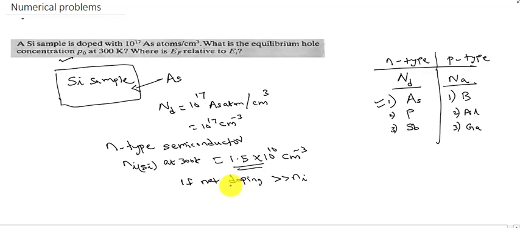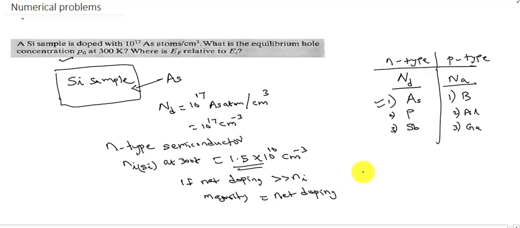The net doping means the doping difference or the given doping value. The majority carrier concentration will be equal to the net doping. You should keep this in mind.